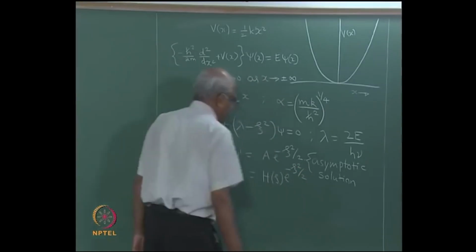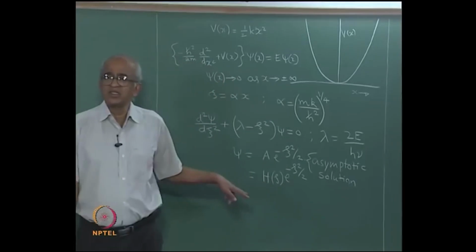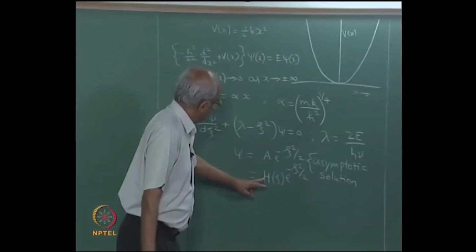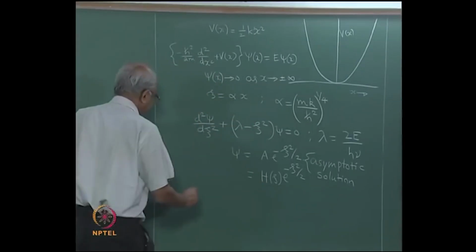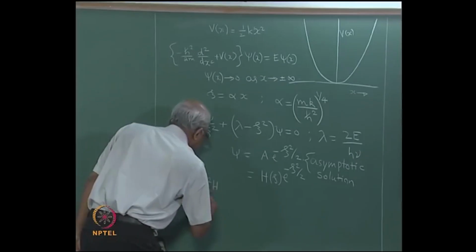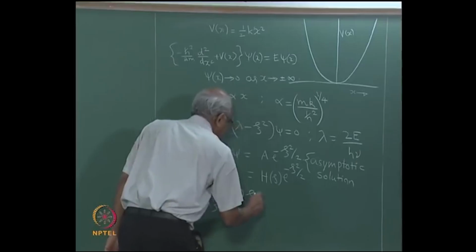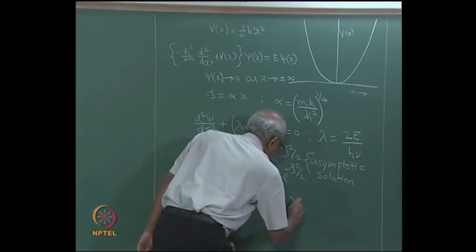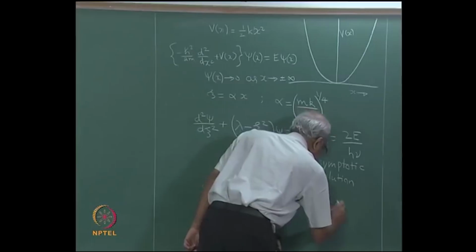This is the way we will write the solution, and then our problem is to determine the function h of c, and for that what we did was we took this functional form, substituted that back into this equation, and we arrived at an equation for h, and that equation is d square h by dc square minus 2c dh by dc plus lambda minus 1, correct me again, if I make a mistake.